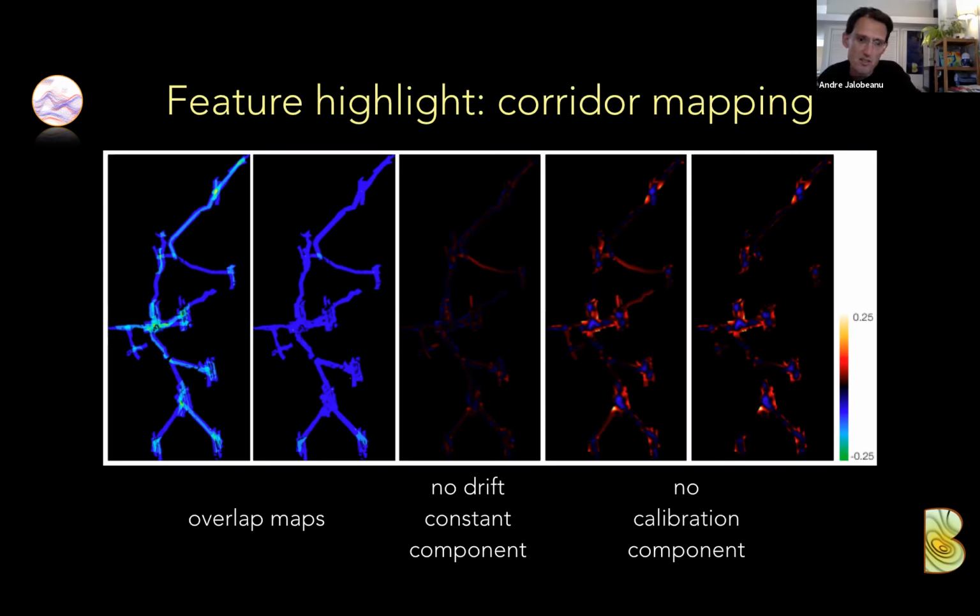So that's quite a challenge. And we developed a no drift constant component option that solved all the problems that were there at the time. And so the corrections were extremely small, and the control points were used to assess the accuracy. And the absolute accuracy was just a few centimeters at the end for the entire project.